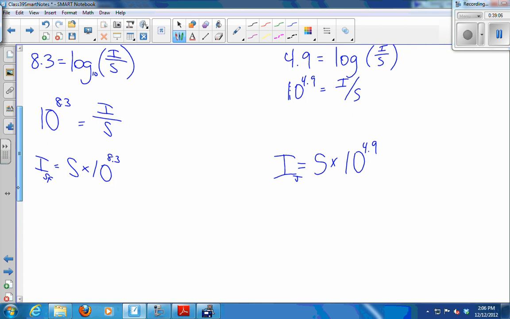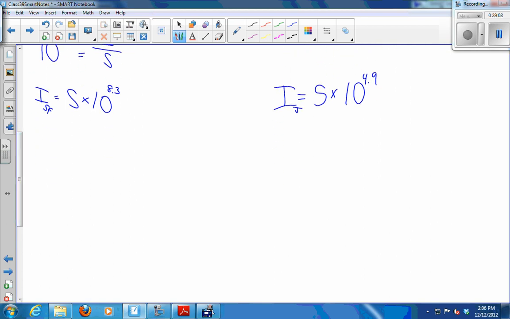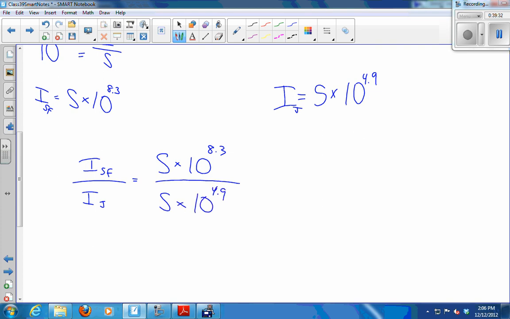So the question was, how many times more intense was the San Francisco earthquake than the Japan earthquake? So how do you figure out how many times bigger something is than something else? Divide, yeah. Exactly. So if I want the intensity of San Francisco over the intensity of Japan, I have S times 10 to the 8.3 over S times 10 to the 4.9. The S's cancel.